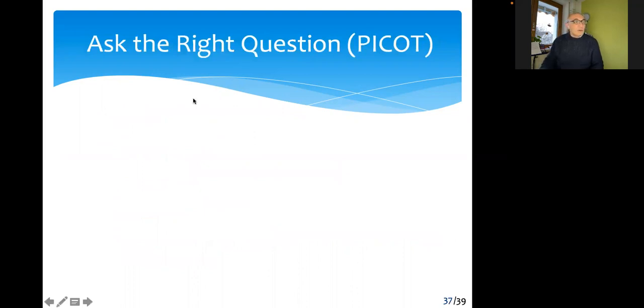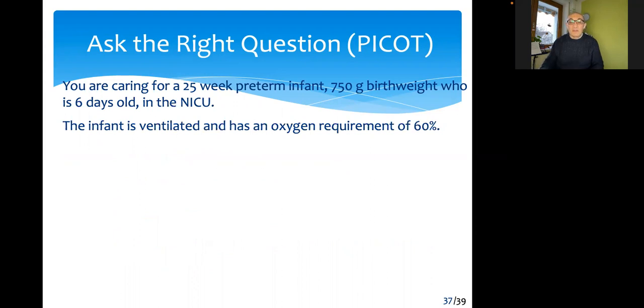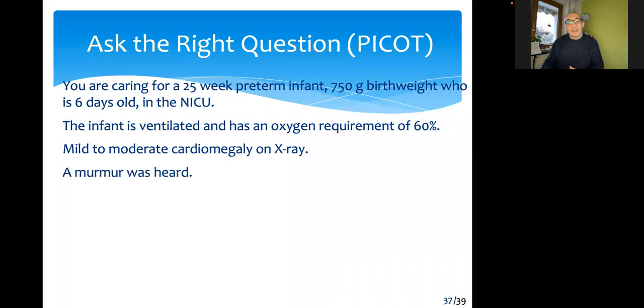So here is one example to make it more clear to understand PICO. You are caring for a 25-week preterm infant. The infant is ventilated and has an oxygen requirement of 60%. Mild to moderate cardiomegaly on X-ray and a murmur.